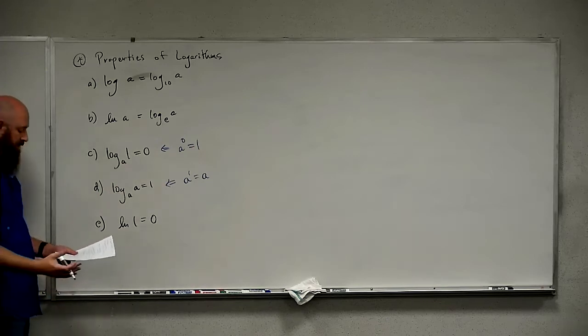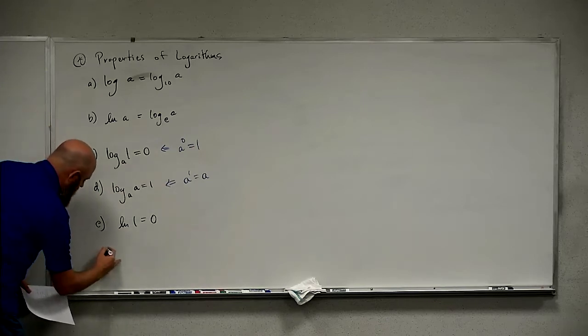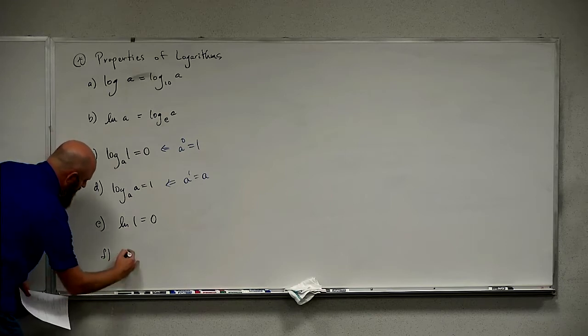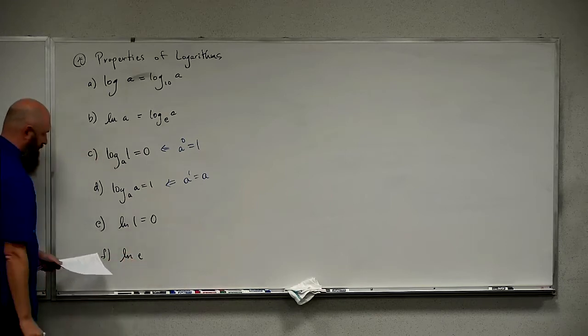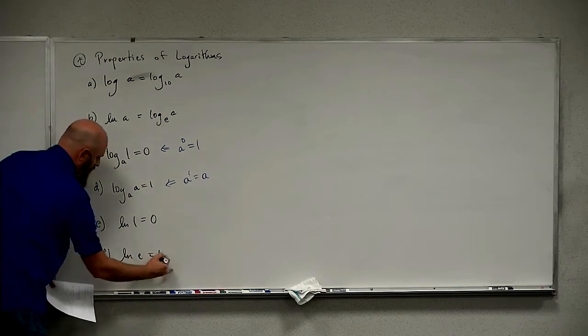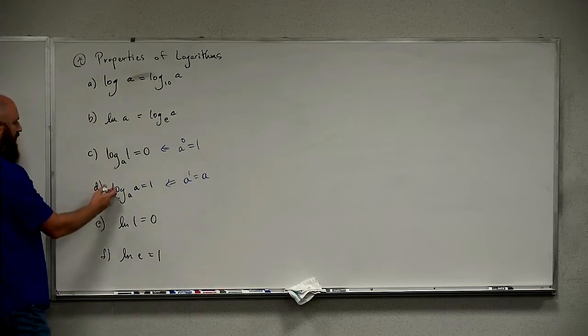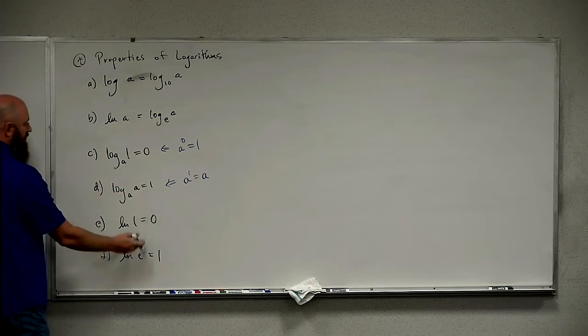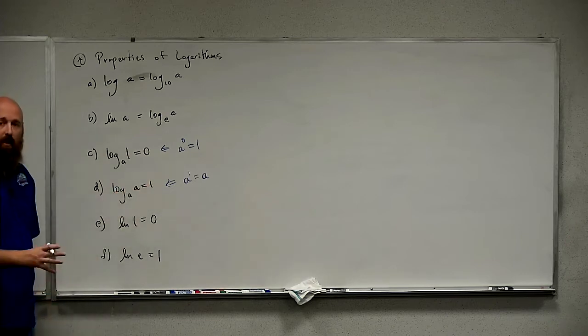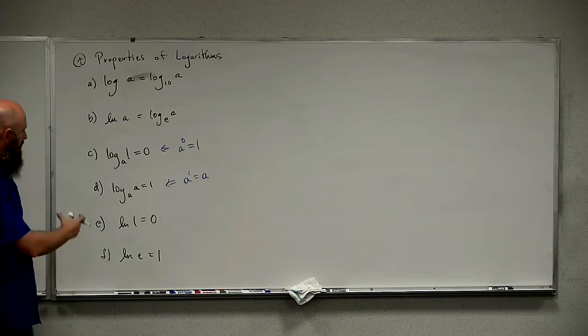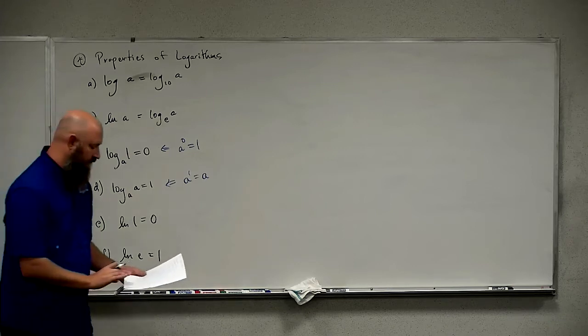And then definition number F, ln of E, equals 1. Again, it's the same thing, because that means log base E of E, so we still get that 1 no matter what. These are things that we want to utilize.